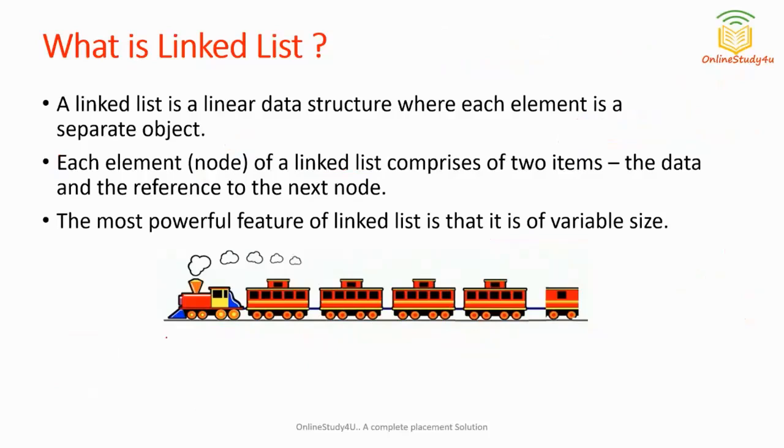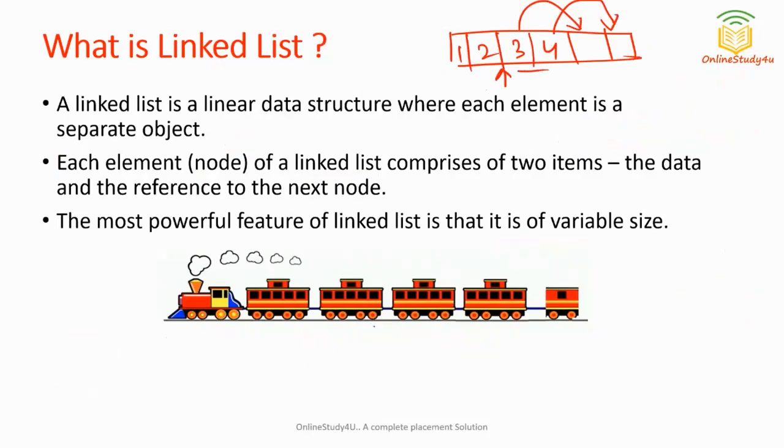This facility is not available in the array. In an array, if we want to add one element in between but our array is filled, suppose 1, 2, 3, 4, and we want to add something here, we have to shift this 4 here and this 3 here, then we can add elements in between. But here we can just add an element in order of one time complexity.